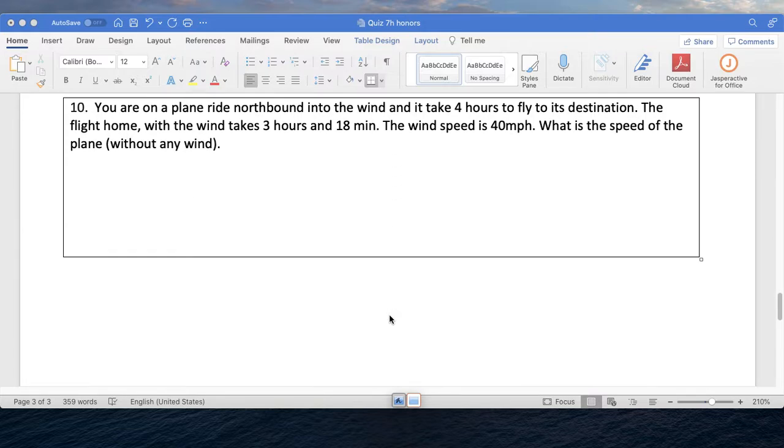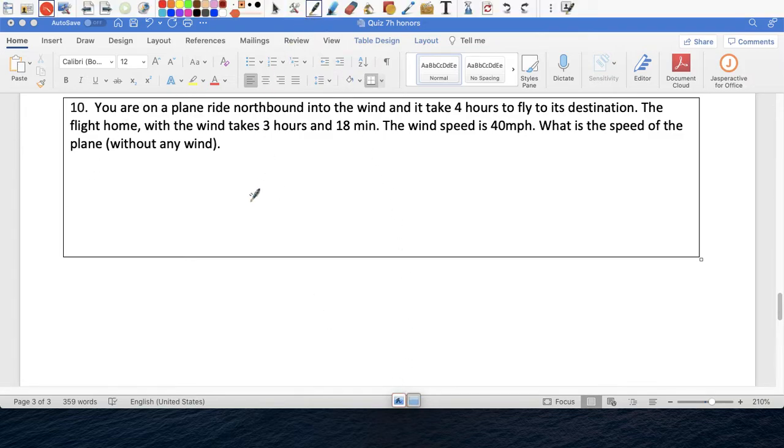Last question. You're on the airplane. And this is sort of similar to the previous one. You're flying northbound into the wind. So you're going against the wind. And it takes 4 hours to go to that destination.